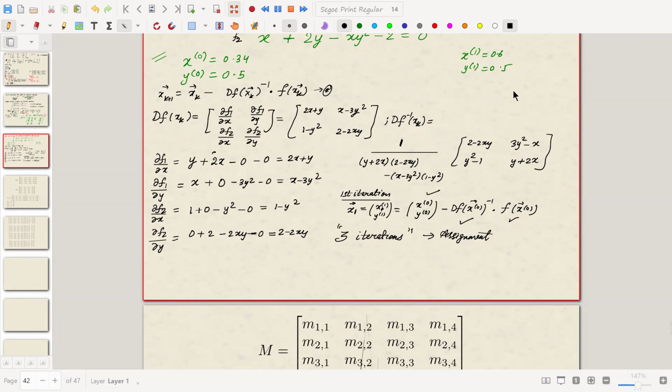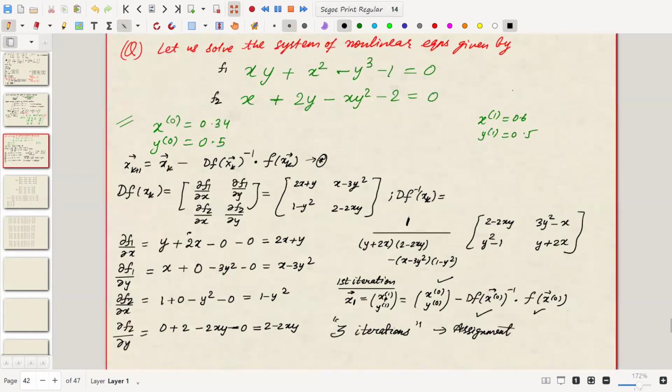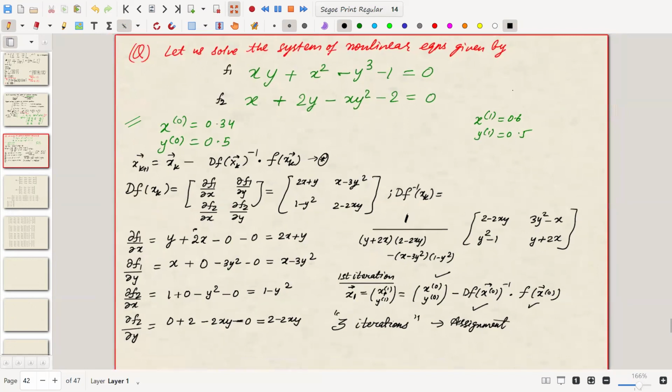All right, so let us revisit this problem again, and this will be the assignment for your next class. As you see, both depend on x and y. So we want to use the multidimensional Newton Raphson method to find the solution for this nonlinear system of equations. As you know, we already have this iterative scheme, and this is our Jacobian matrix over here.